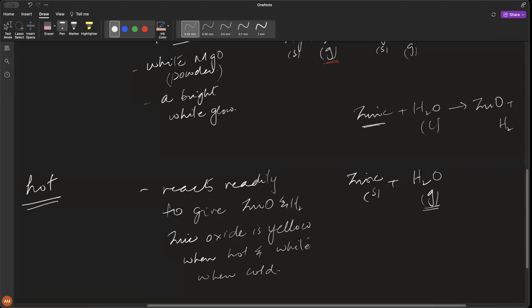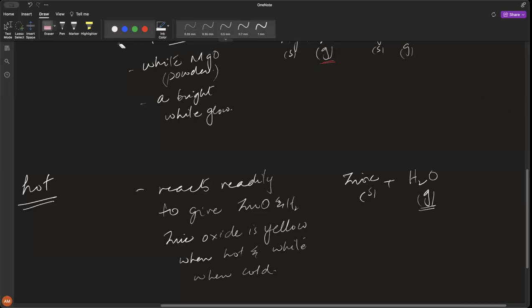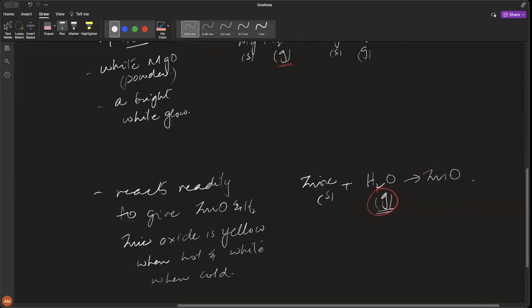Zinc does not react with water in its liquid form at room temperature. This liquid means room temperature. So this equation is wrong. You have to make sure that you see the states properly to form zinc oxide and hydrogen gas.